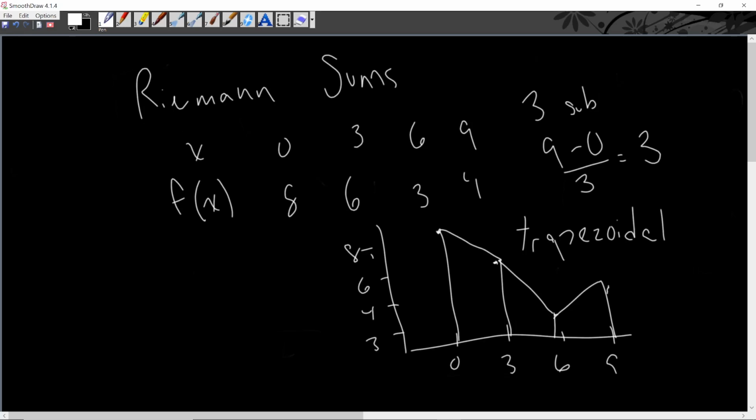Now we have base 1 over here and then base 2 over here. So base 1 is going to be 8 plus base 2, which is going to be 6, all over 2 times the width, which we said was 3. For all of these, it's going to be 3, 3, 3, so times 3. And then we again have to add.